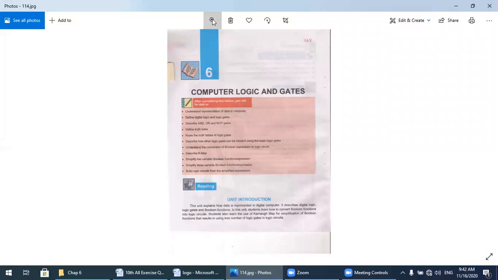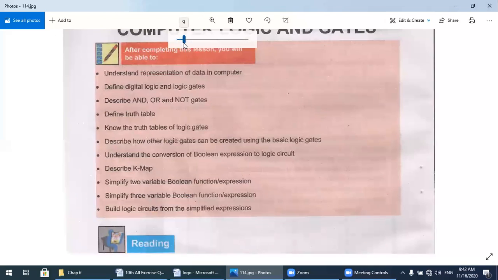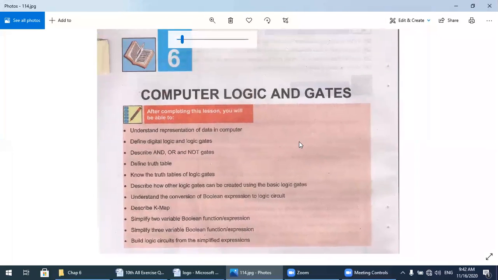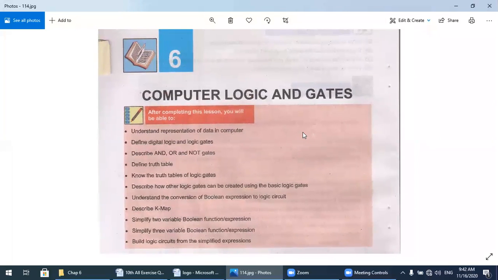Dear students, as you know, in the previous lecture we were discussing the C language. The next chapter is chapter number 6, which is in the reduced syllabus. It has some topics. Chapter number 6 is computer logic and gates.